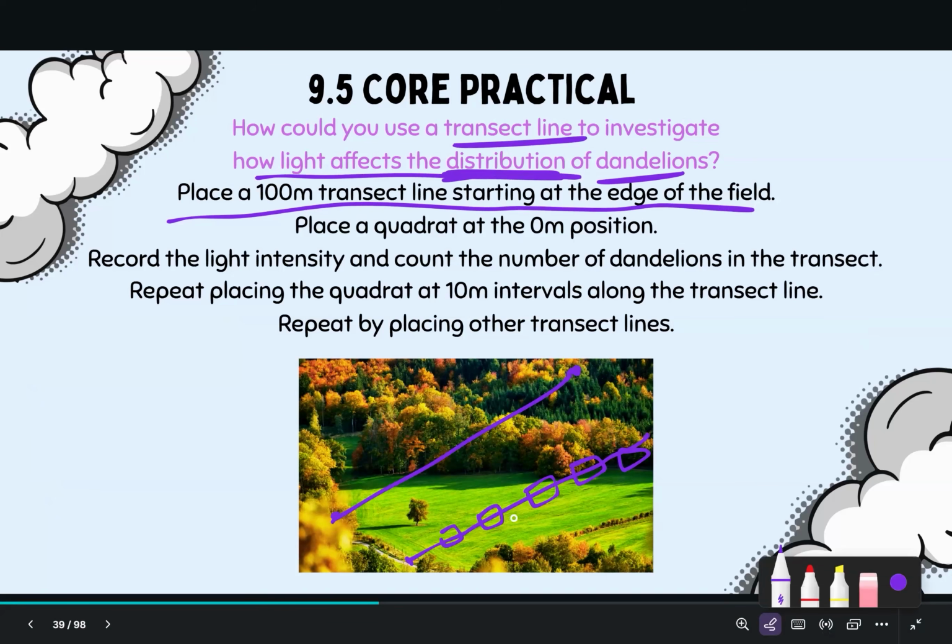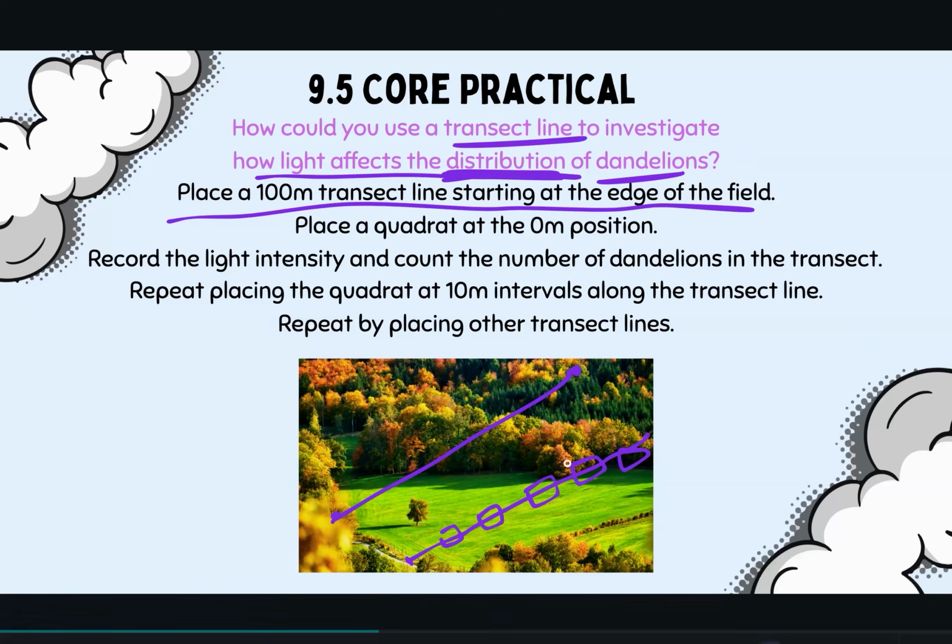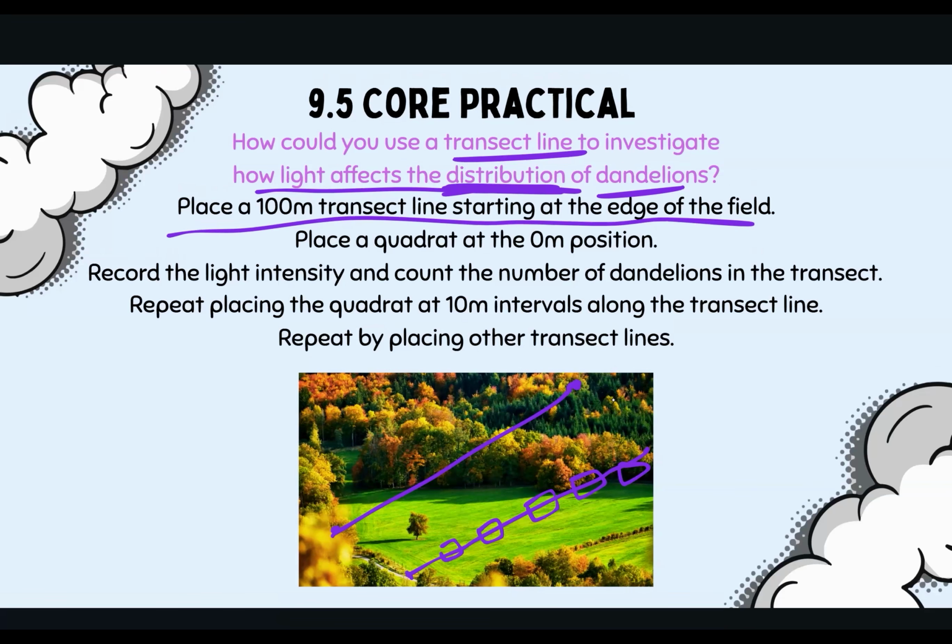Because as you're going along this line, you count the number of dandelions, going from bright sunny areas to dull, shady areas. The shady areas won't have as many dandelions, so you can do a comparison.